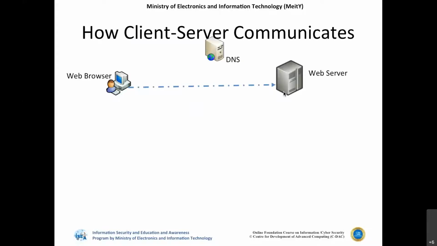But as you know very well, communication never happens in decimal notation. If you are accessing www.cdac.in, that is not possible, because computers cannot understand www.cdac.in or mighty.gov.in. They will only understand either the MAC address, if they are peer devices, or otherwise the IP address, which we also call the logical address.